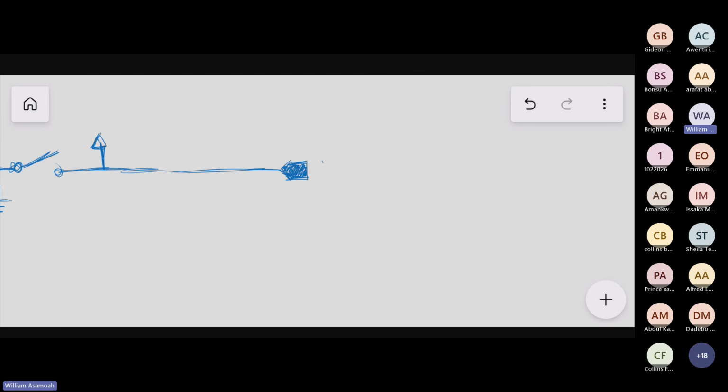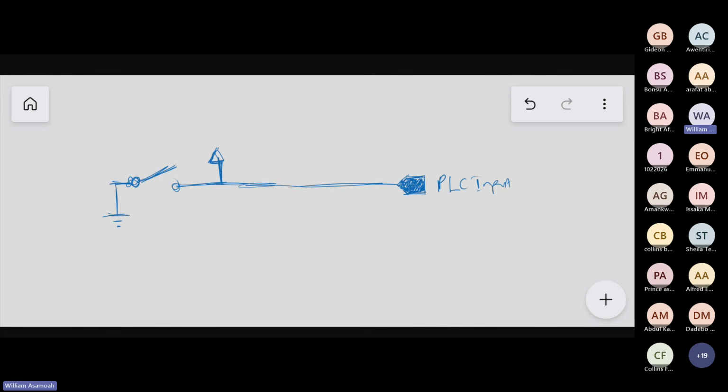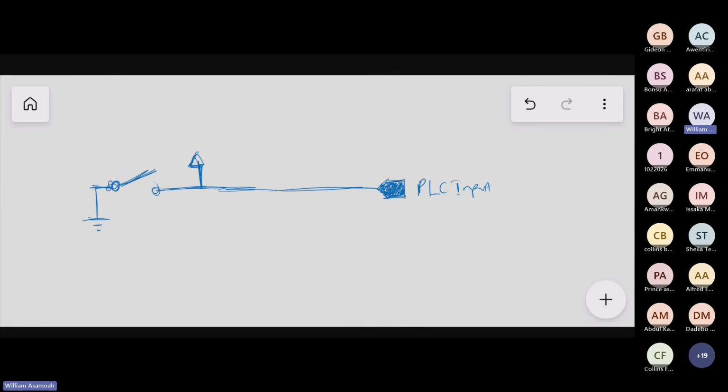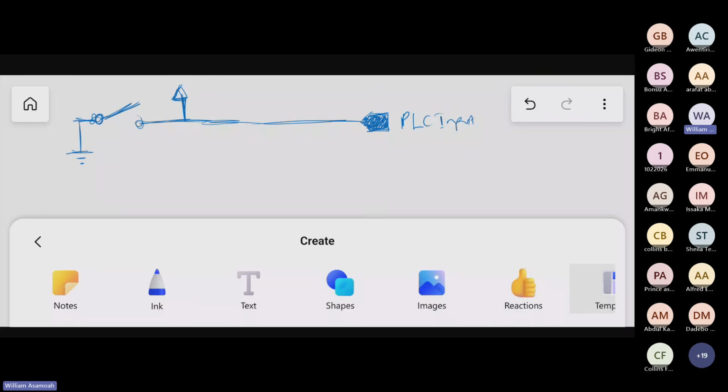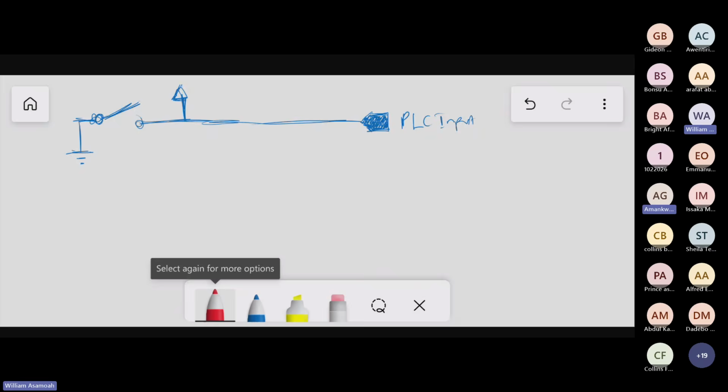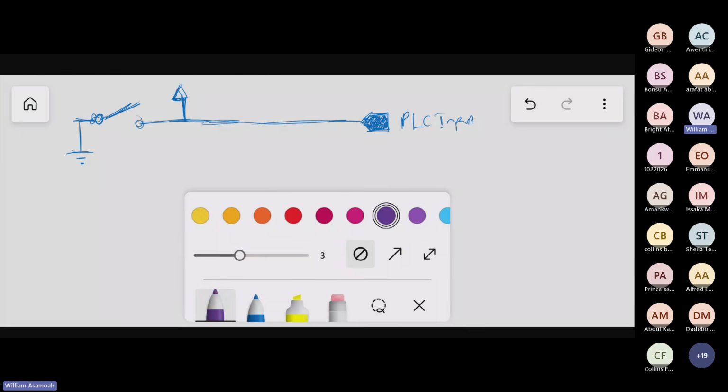So here is a PLC input. Is that right? So what happens is that when this switch closes, look at what happens here. So these are two types of switches that we use. Please pay attention closely, otherwise you will get lost in the bush and I can't find you back.